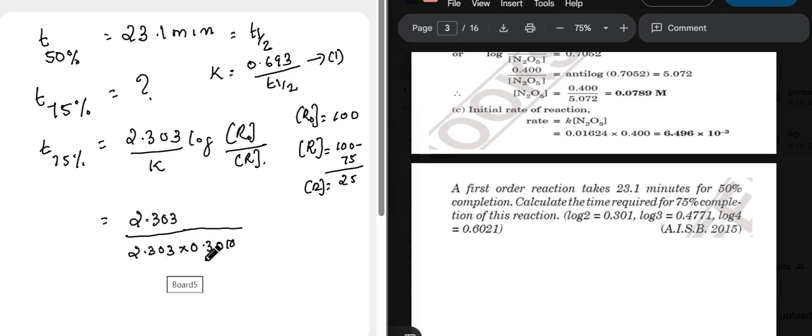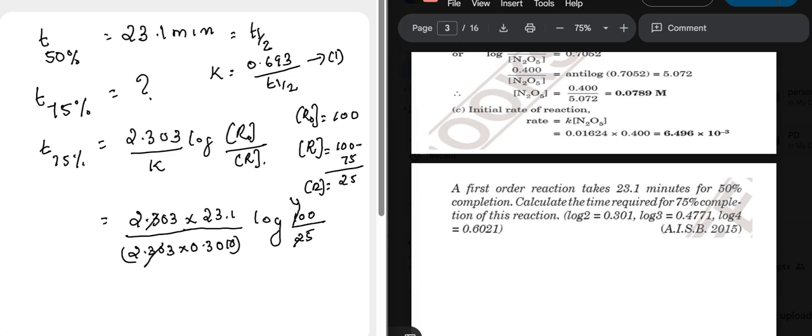K is 0.693; instead of 0.693, I wrote this much, then divided by T half. So T half will go to the numerator, 23.1. Then log R0 is 100, R is 25. 100 by 25 is 4. Log 4 will come.